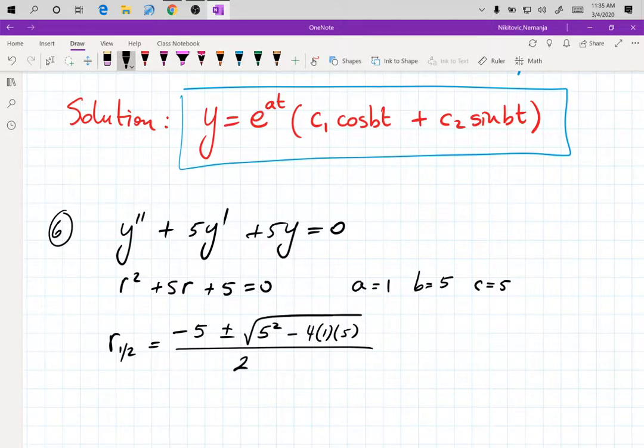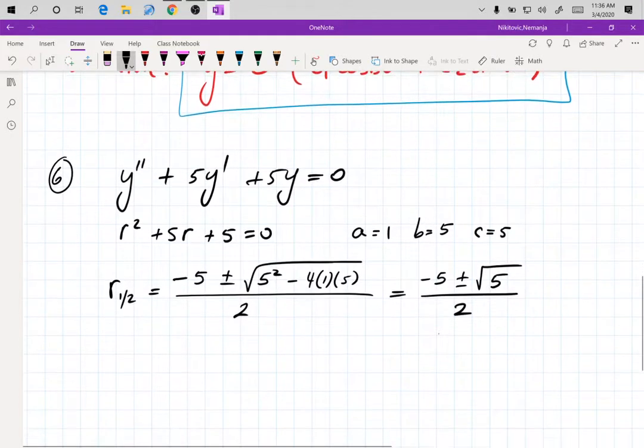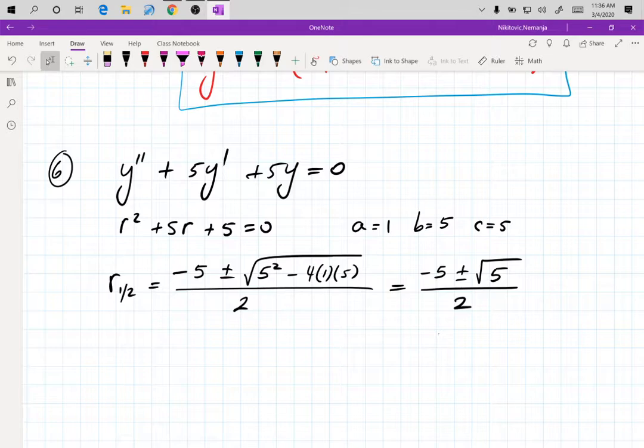Negative 5 plus minus square root of 25 minus 20, which is 5. And this one is not working. It's not complex. Well, such is life. We got two distinct real roots.